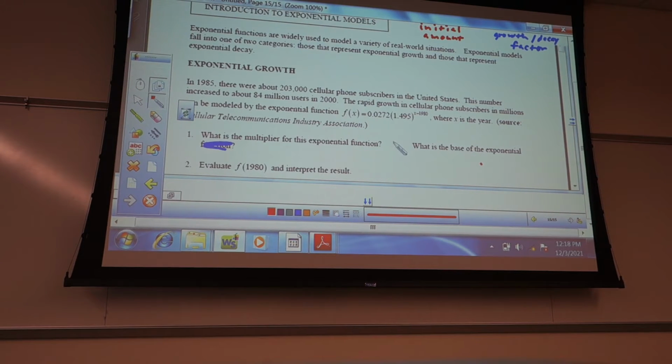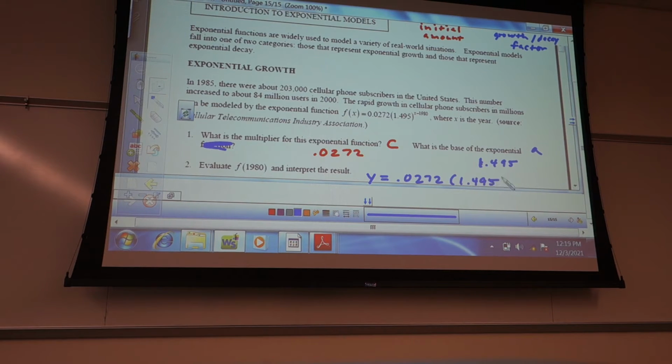So initial amount is my C, and that was 0.0272, and my base A is 1.495. Okay, good. Now we're going to evaluate 1980. So in 1980, I'd have y equals 0.0272 times 1.495 raised to the 1980 minus 1980.